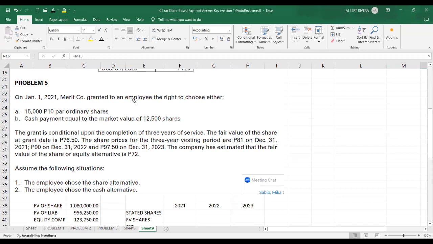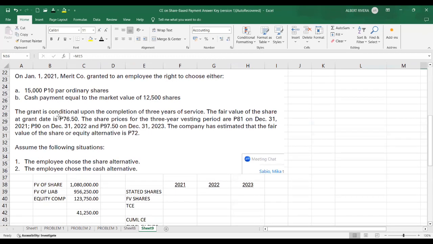Okay? So the cash payment class would be a liability, no? That should be the intrinsic value or the difference between the market value of the share minus the predetermined price. However, kung wala yun, wala eh. Walang binigay na ganun eh. Okay?